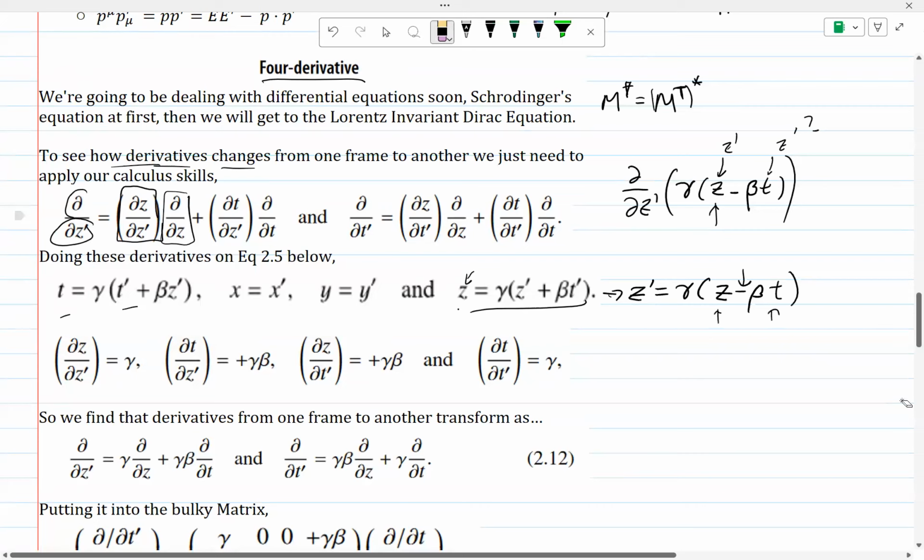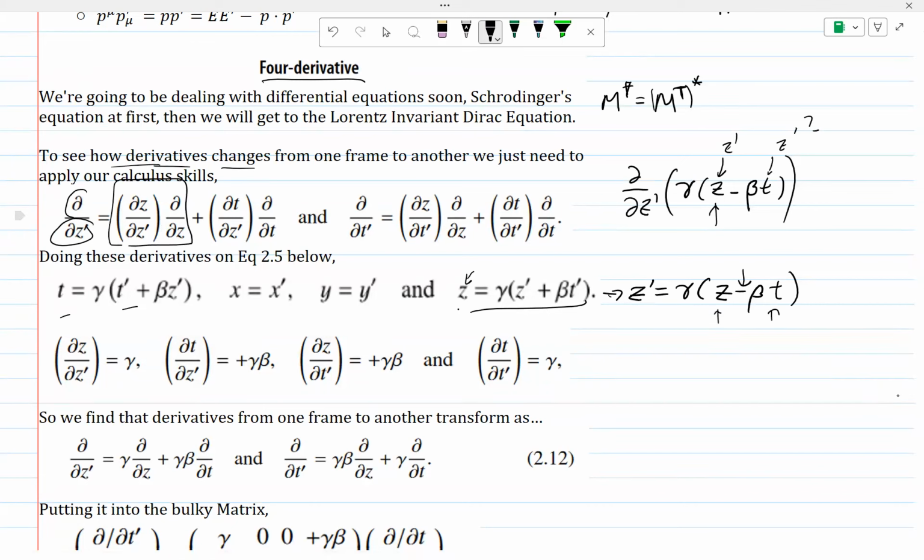So this breaks up into a little chain rule, where you have to figure out how it changes with z itself, and how it also changes with time itself in the non-moving coordinate system. Let's not deal with the time part first. Let's just look at this for now. In order to figure this out, I need to figure out what the partial derivative of z with respect to z prime is.